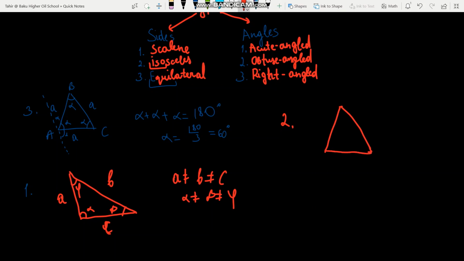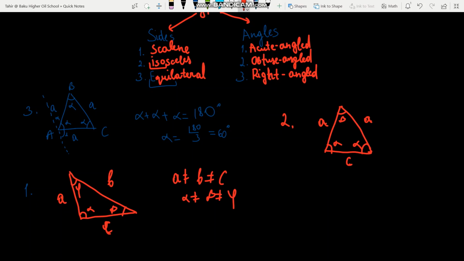And here we have two sides with equal lengths A, but the length of the third side will be different. As the sides are different, the angles opposing them, if we compare C and A, will be different. But this one is also equal to A, and this will be alpha.